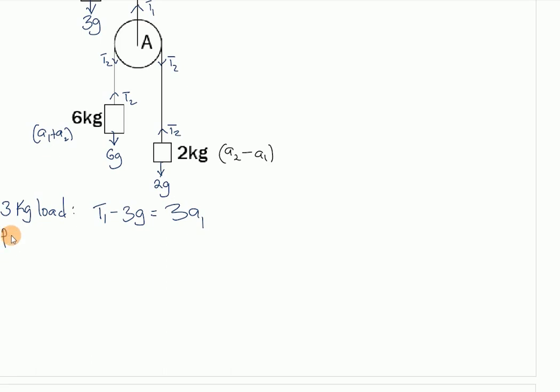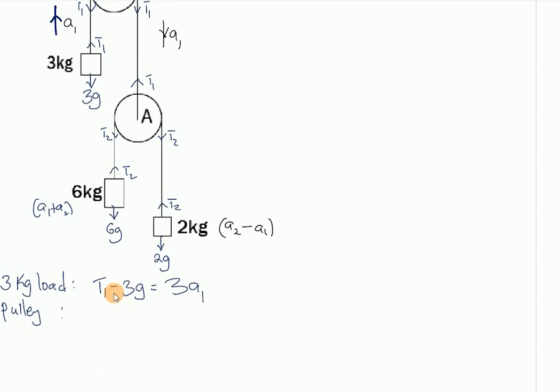we have the pulley. They said this pulley is light. I don't know how you can have a light pulley, but we are going to use the fact that it's a light pulley. So for motion of this light pulley, we have downward forces 2T2, then upward force T1.